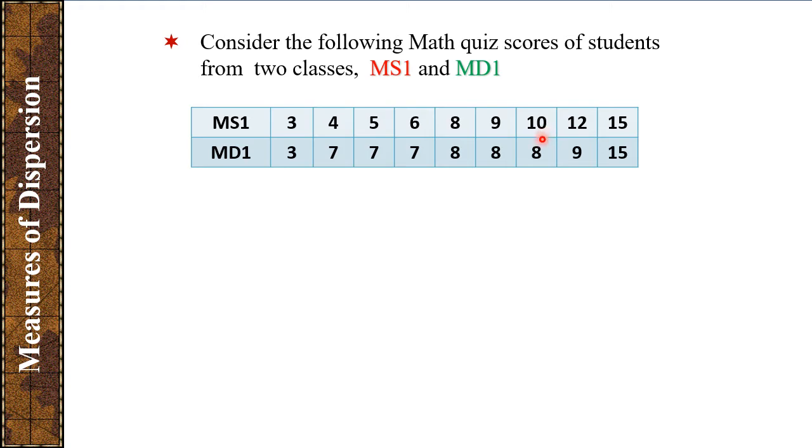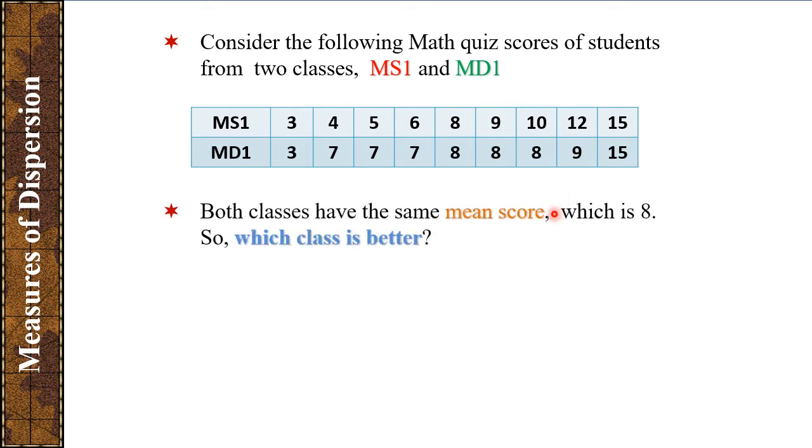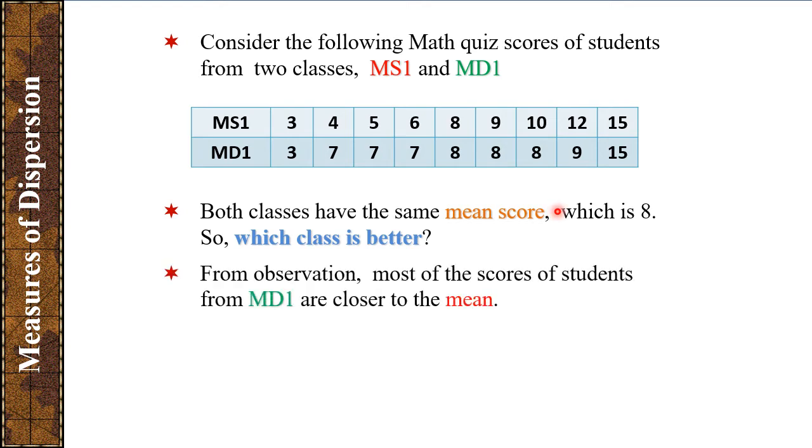They have 10, 12, and 15. However, as you can see here, for MD1, even though not many students have higher marks, most of the students' scores are closer to the mean.